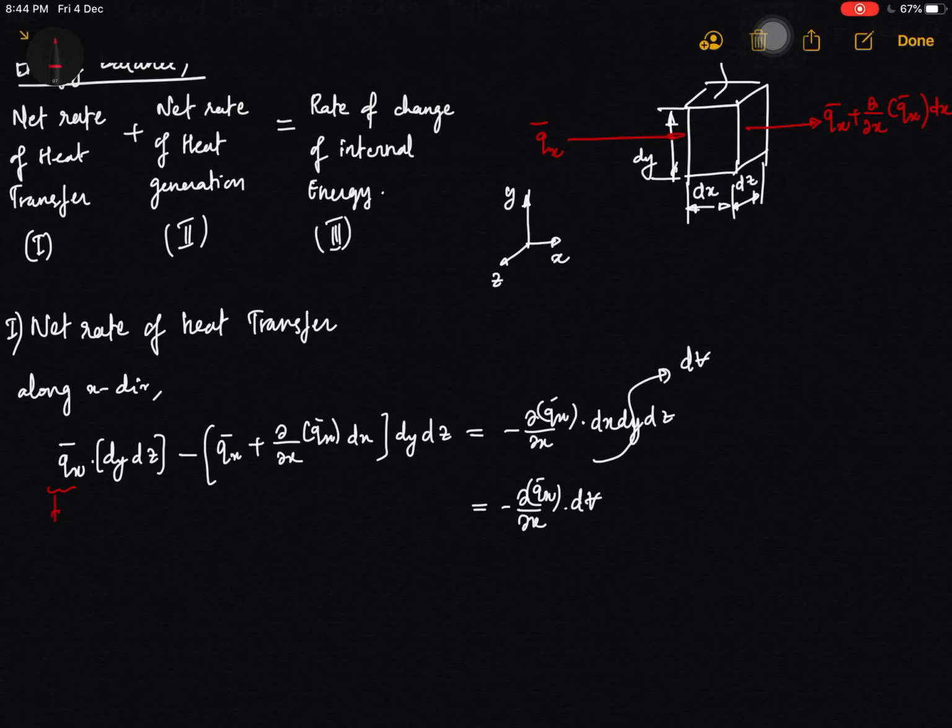So let's note that qx bar is the heat flux through the x face, and this is the area through which the heat flux is occurring, and the multiplication of these together gives what? The heat transfer rate.